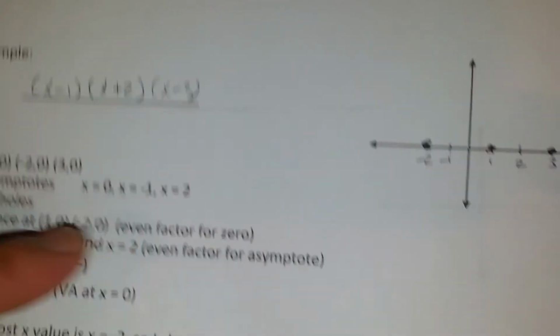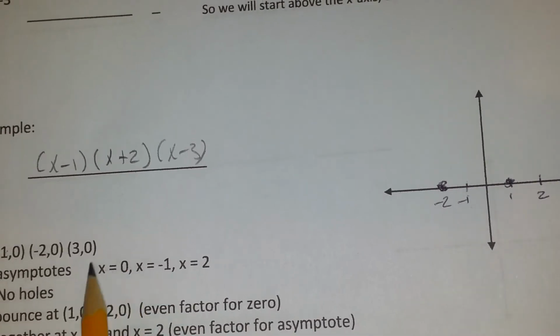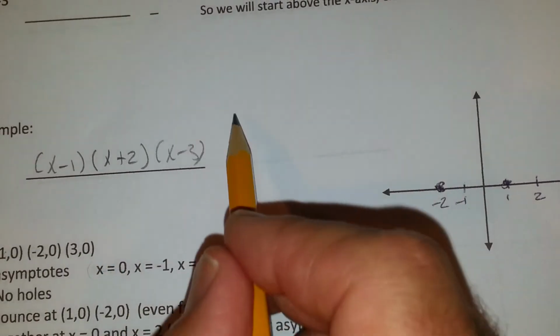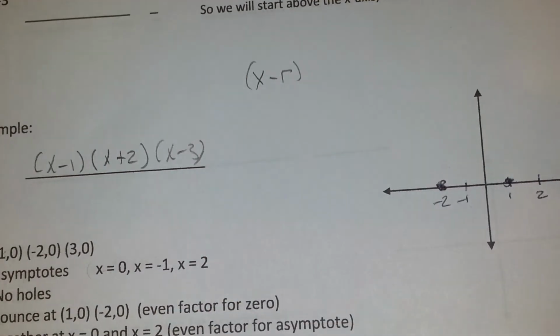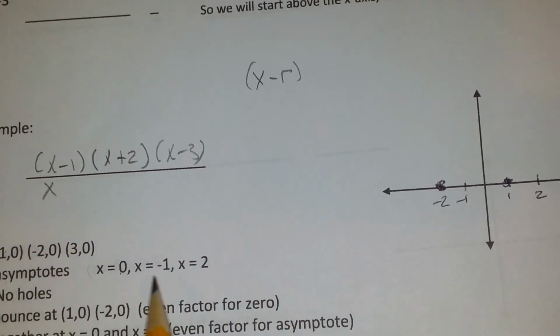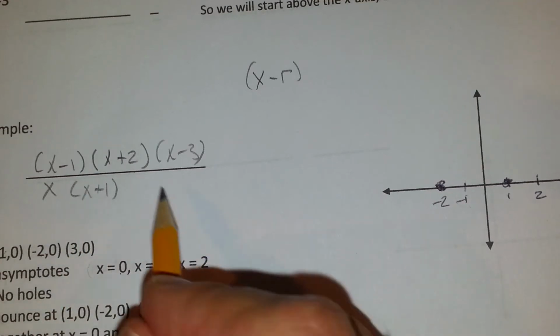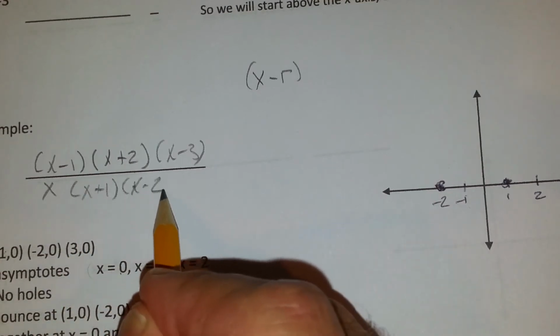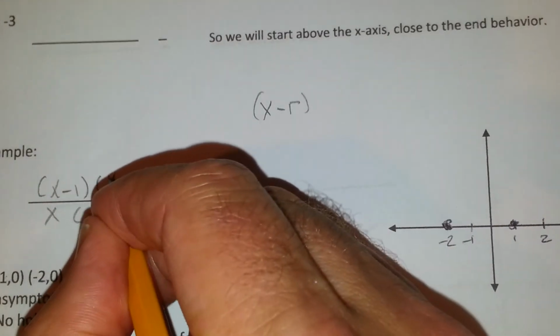That's going to be in my denominator, right? x minus 0 is just x, correct, for my root? It's always x minus your root. So that's x times x minus negative 1, which is x plus 1, and x minus 2. So I'm starting to get an equation here.